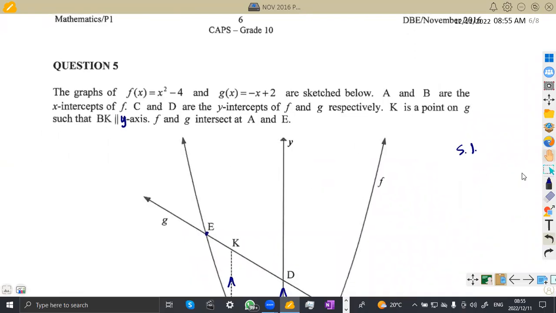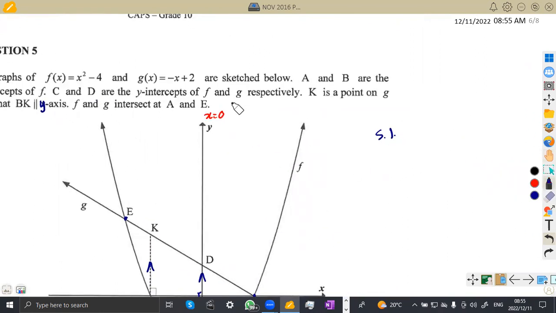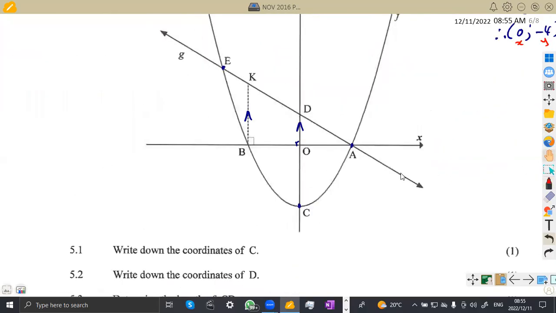On the y-axis, we know that x is equal to 0. So you simply need to substitute the value of x into the equation of y. So y is going to be 0 squared minus 4, which is negative 4. All right, so this is the value of y at C. So therefore, the point C is, on the y-axis x is equal to 0, y is equal to negative 4. Remember, guys, the layout of a point is (x, y). So that was 5.1.